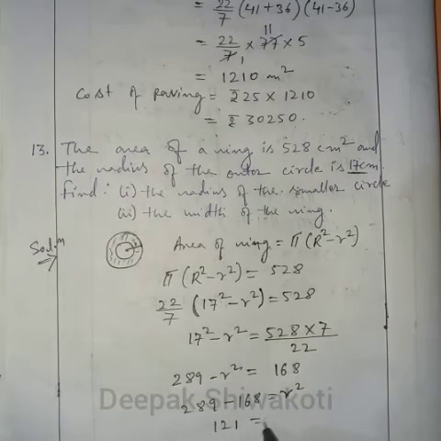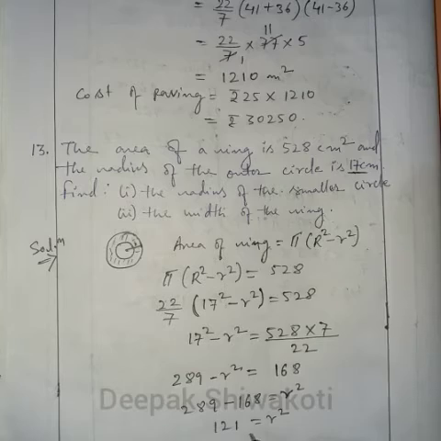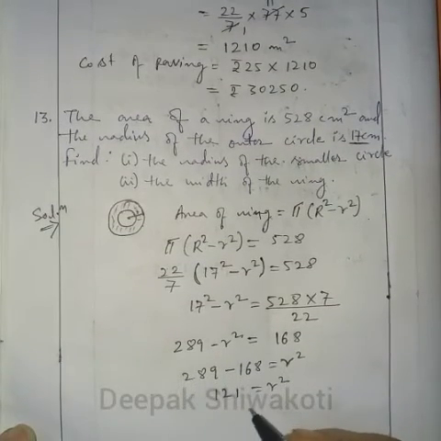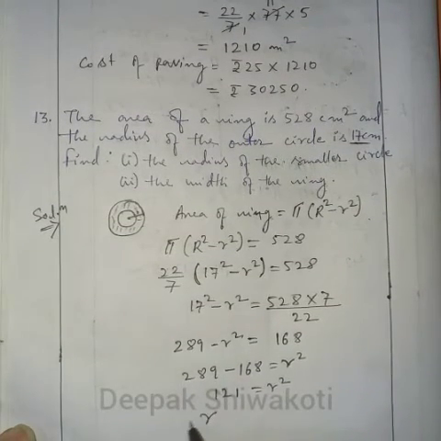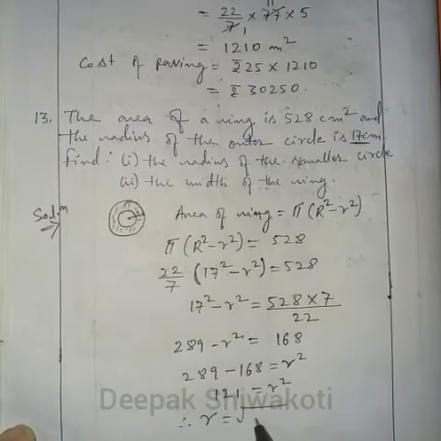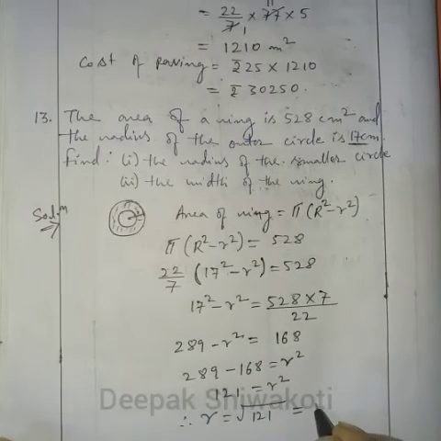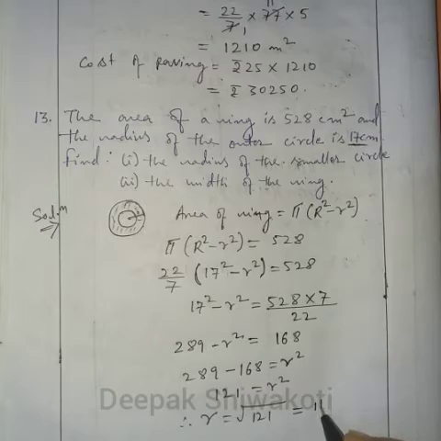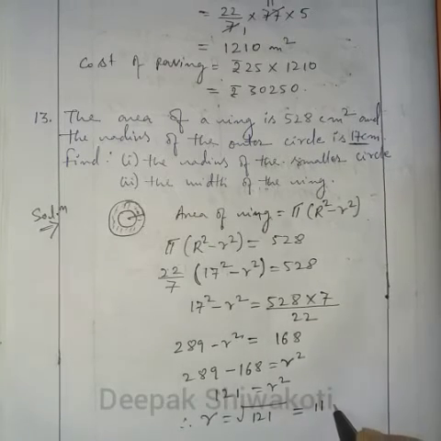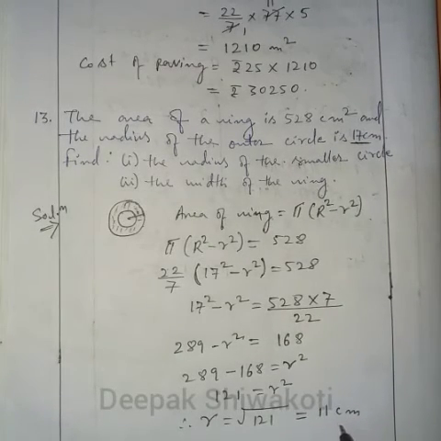So r² is equal to 121. The square root of 121 is the radius, that is 11 centimeter. The unit is 11 centimeter.